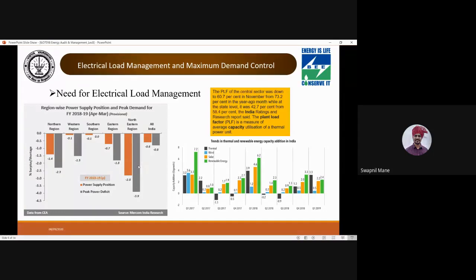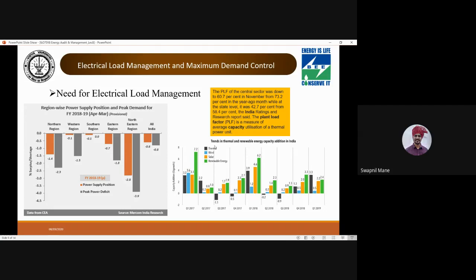Also, peak power deficit is very high, minus 3.9. For all India, in the next slide I will show you whether this curve, the pattern, is increasing or decreasing. Definitely it is decreasing. But then some other thing is happening, that also we will discuss.